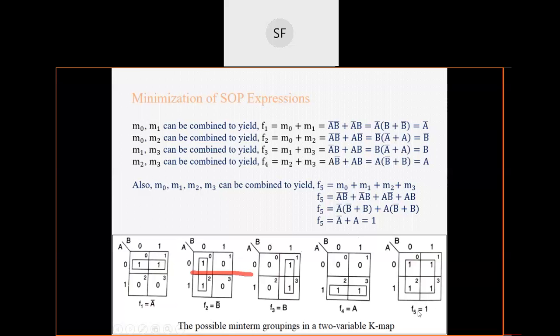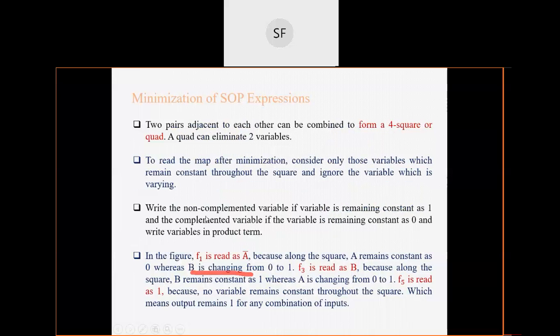Similarly in f5, both variables are varying, 0 1 0 1, and not a single variable is constant. So that's why f5 can be read as 1. The same has been mentioned here.